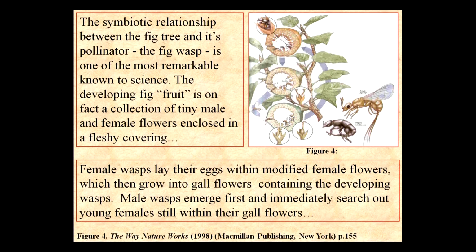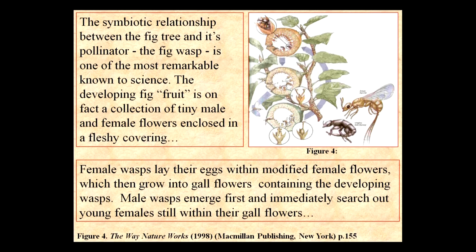Female wasps lay their eggs within modified female flowers, and those flowers then grow into gall flowers containing the developing wasps. So there's the female who lays her eggs and then gets enveloped. Pitch black.